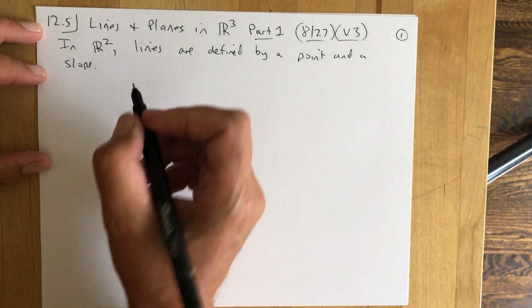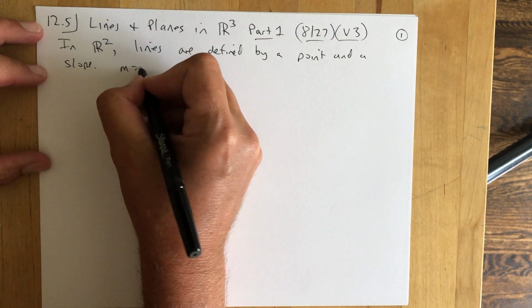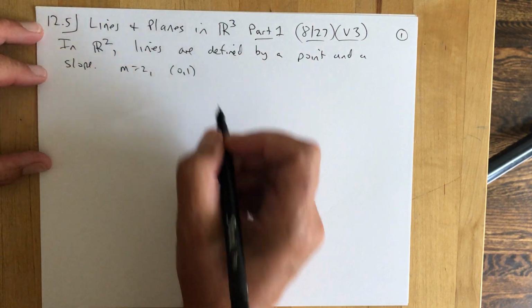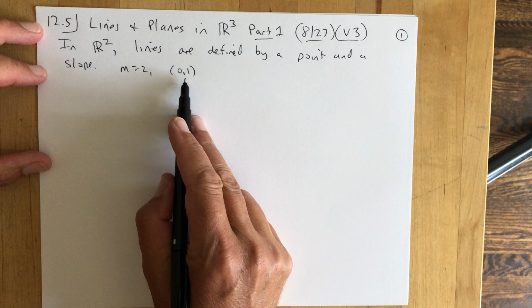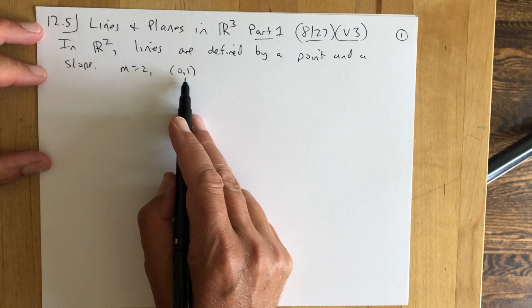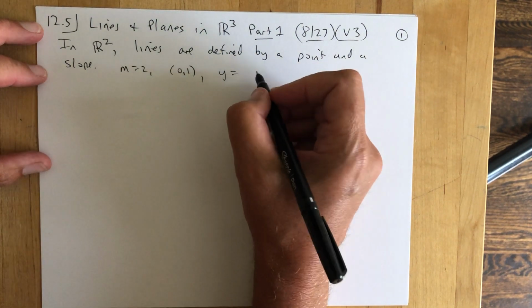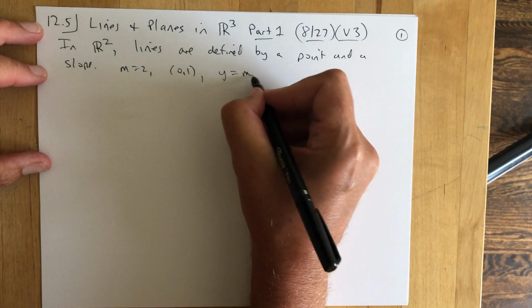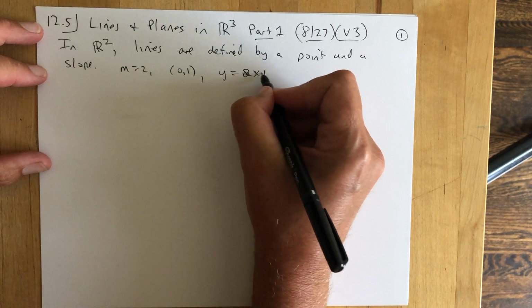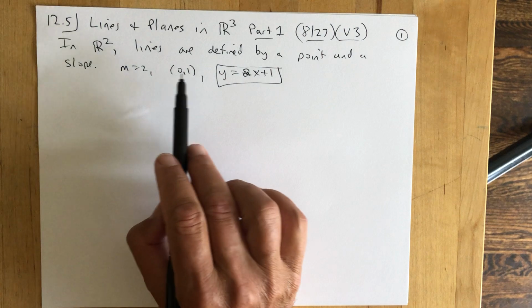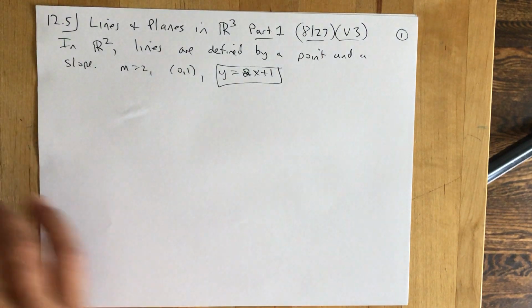So we say if a line has slope 2 and some point on there, 0, 1, which happens to be the y-intercept, it gives us the equation y equals 2x plus 1, right? So point being, in R2, lines are defined by a point and a slope.